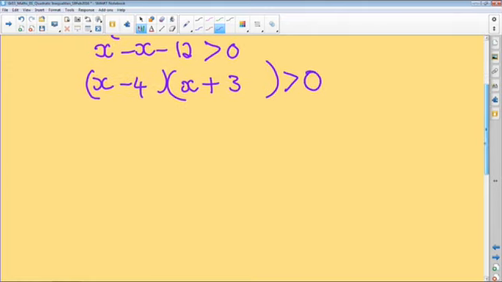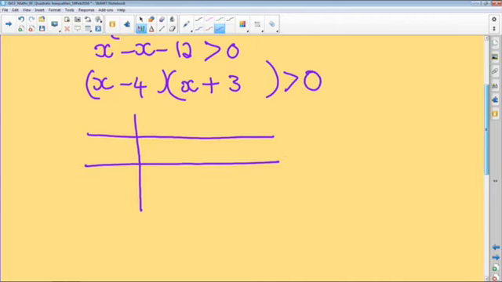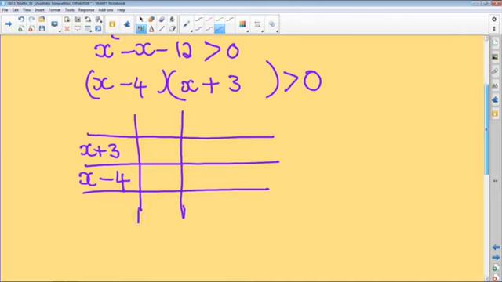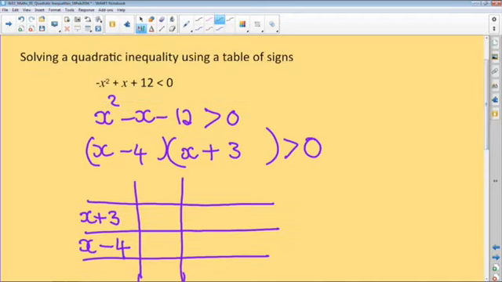Now, your table. I'm going to have the x plus 3 and the x minus 4. What will make this 0? I'm going to have a minus 3 there.